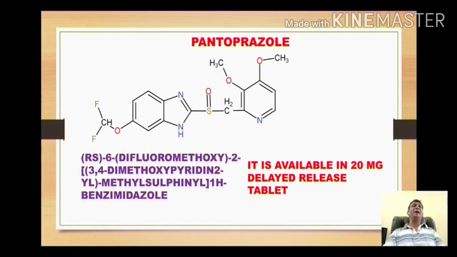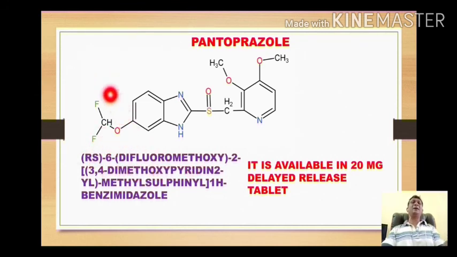pantoprazole. Here the methoxy group is retained and one of the methyl groups is replaced by another methoxy group. On the benzimidazole ring structure at position number 6 we have a difluoromethoxy group.